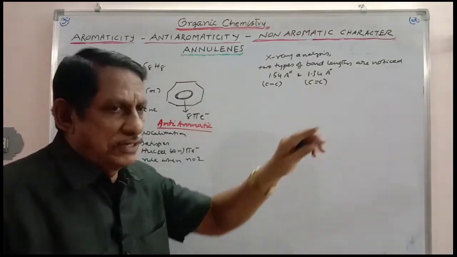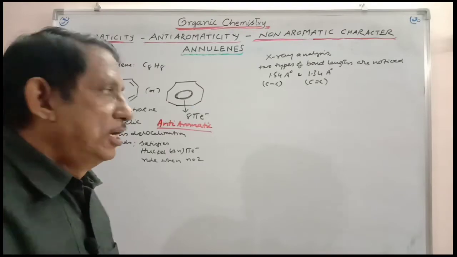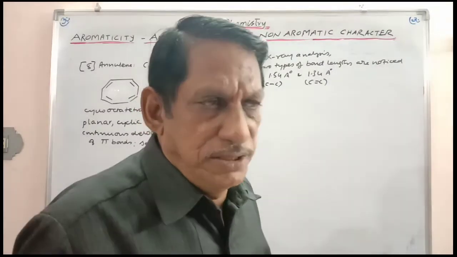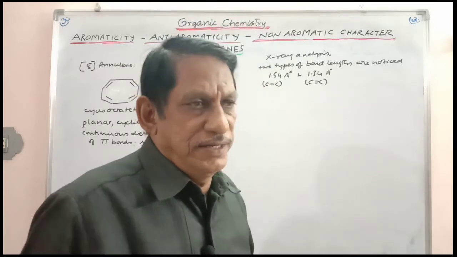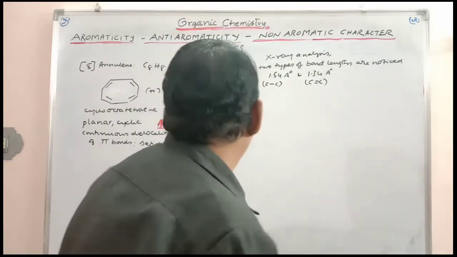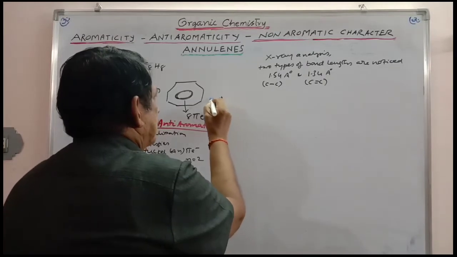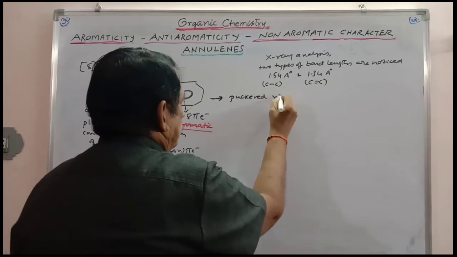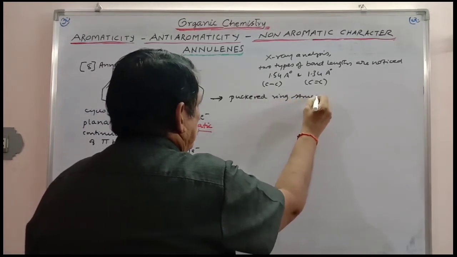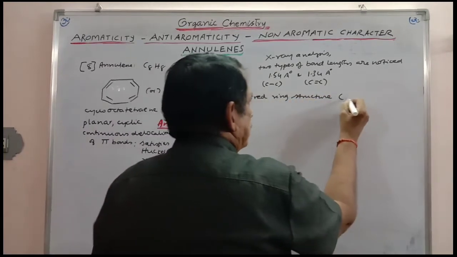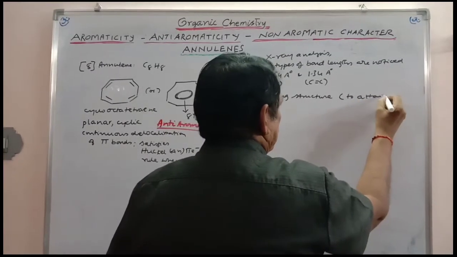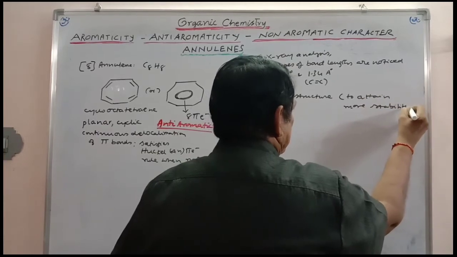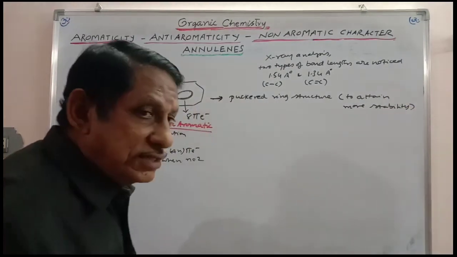When these bond lengths are not equal, the structure will be modified. To get more stability, the structure will attain a puckered ring structure. To attain more stability, what is that?